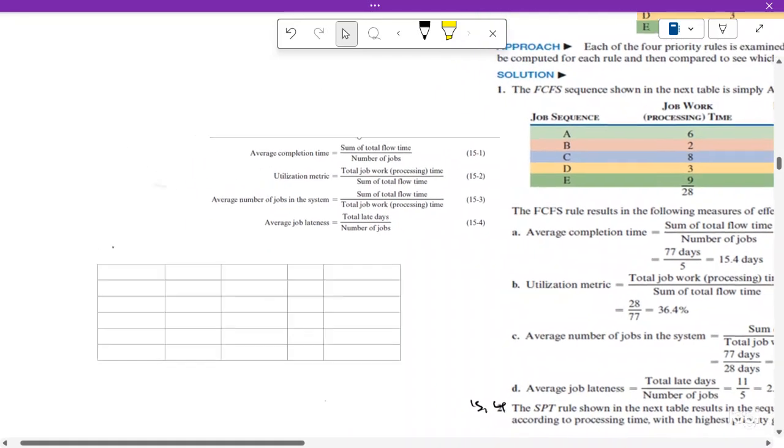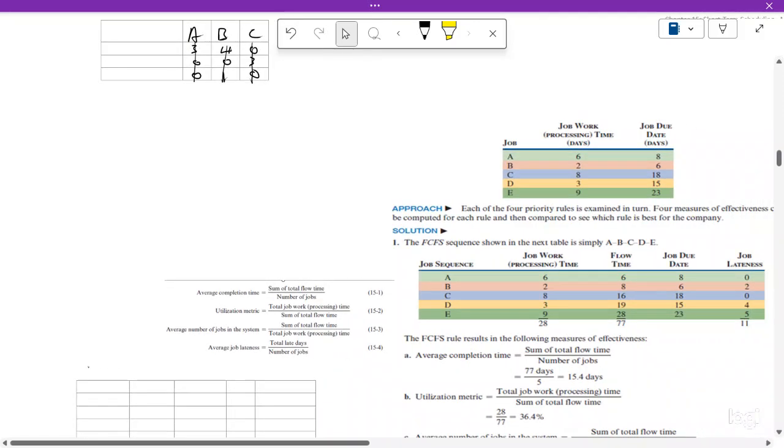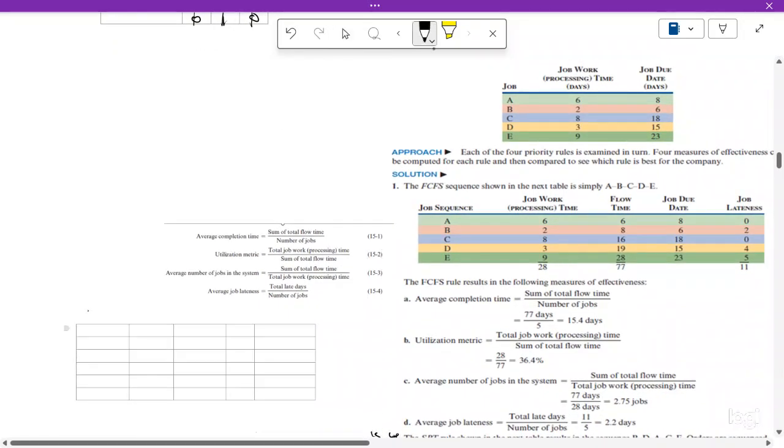Ladies and gentlemen, job sequencing now. Under job sequencing, we have your job sequence, which is job A, B, C, D, and E. This represents the sequence at which they are coming in, so it is first come, first serve, basically, when it's like this.